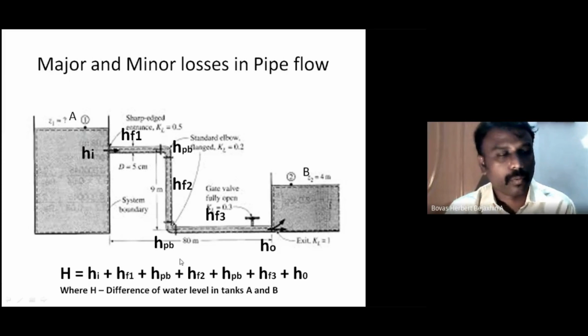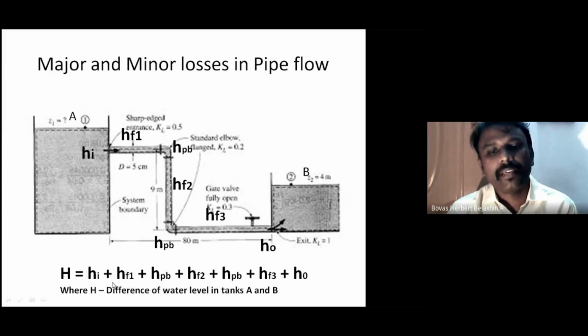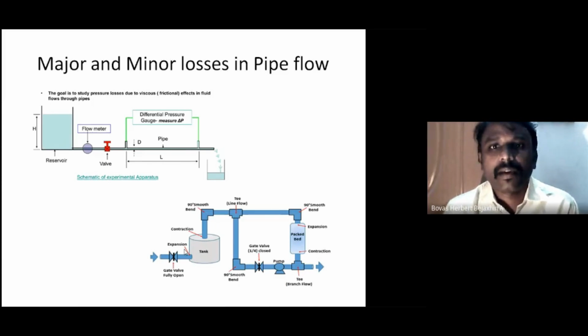If they insist on considering only the minor losses, we have to neglect the major losses HF1, HF2 and HF3. Likewise, we have to do this practice.